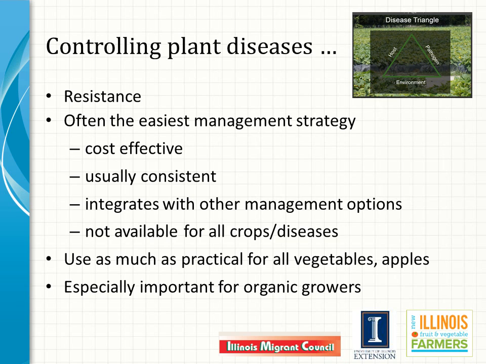In general, however, we always recommend to use resistant varieties as much as is practical for all vegetables and also for apples. You do have to have a market for the specific varieties that you produce, but if you can market the resistant varieties, they are especially important for organic growers who will then have fewer options to slow disease development with fungicides or with bactericides than what conventional growers might have.